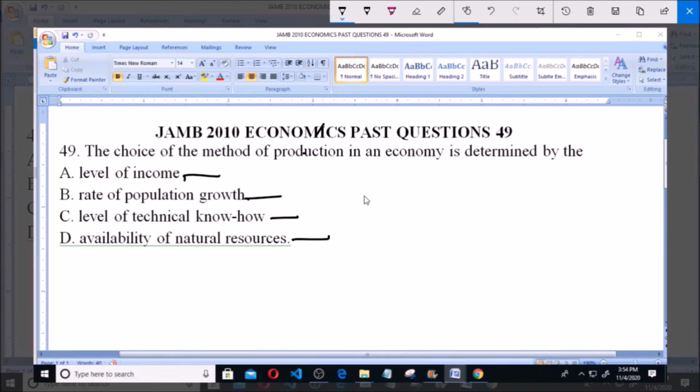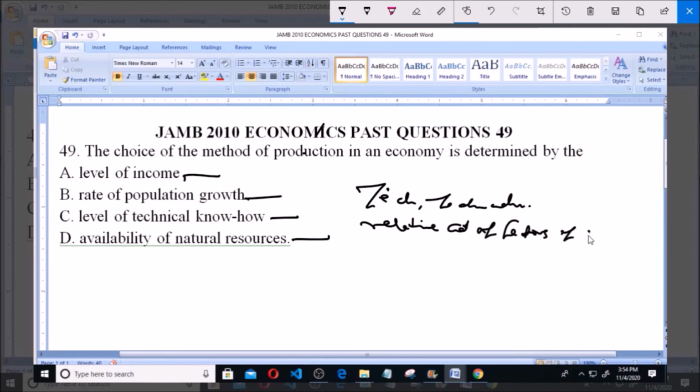They are technology of production, technique of production, technological advancements. They are relative costs of factors of production.